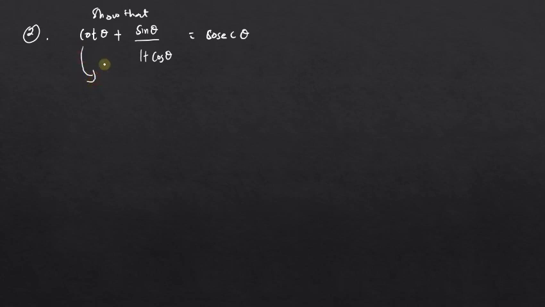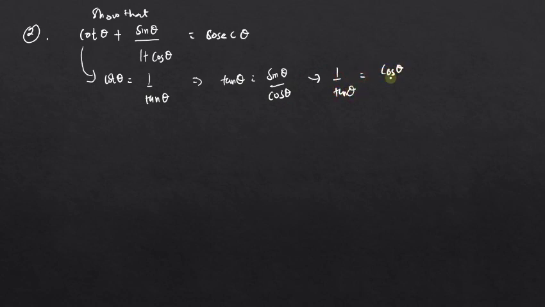The first thing we need to recognize here is that cot theta is equal to 1 over tan theta. And also remember that tan theta is equal to sin theta over cos theta. So when you reverse it, you have 1 over tan theta, which should be equal to cos theta over sin theta, which is equal to cot theta.